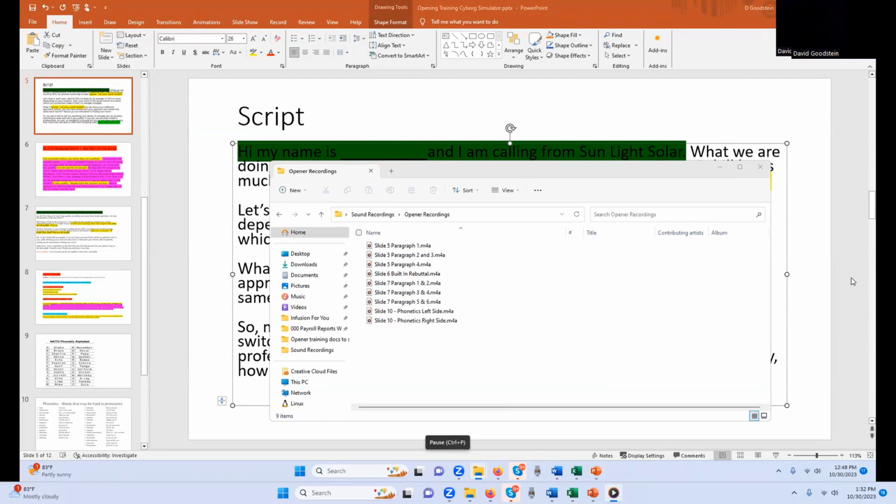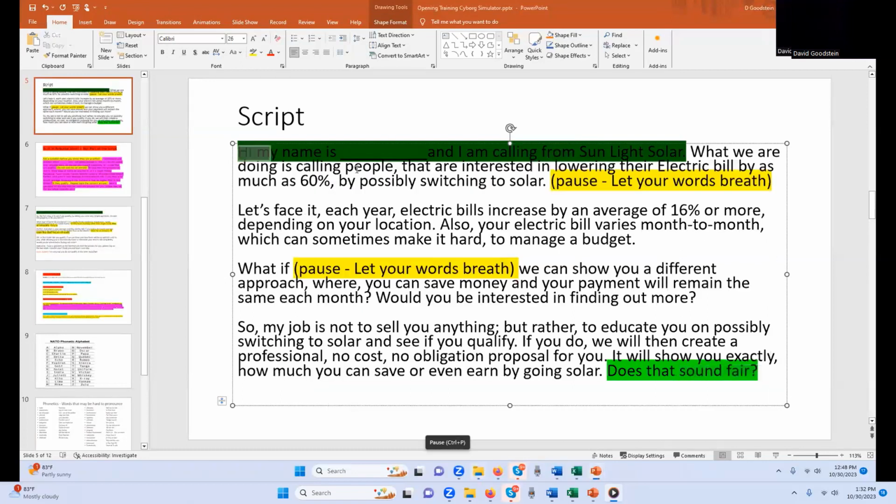All right. So you're going to play this recording. It's going to be this part of the pitch. The second one is going to be this. Third one is this. Fourth one is this.